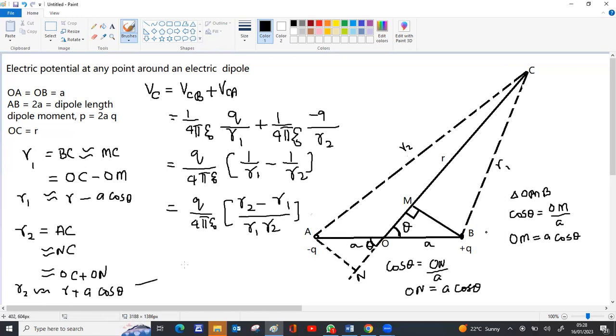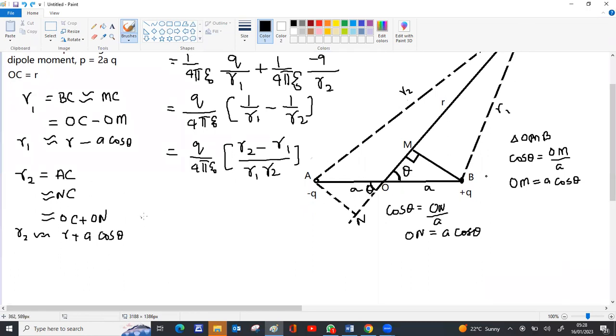We substitute r2 and r1 values. Potential is equal to Q by 4 pi epsilon 0 into r2 minus r1, (r plus a cos theta) minus (r minus a cos theta).